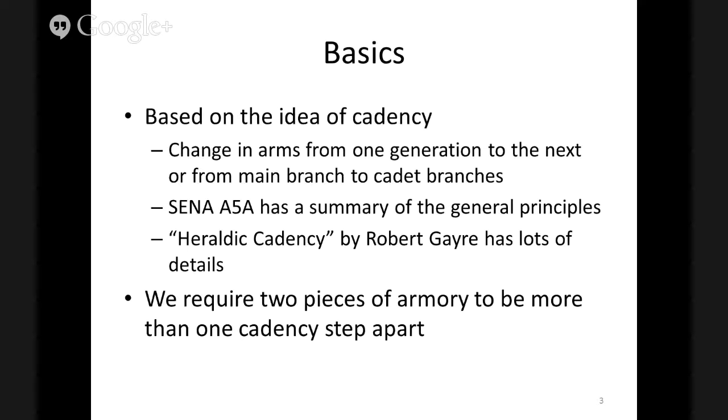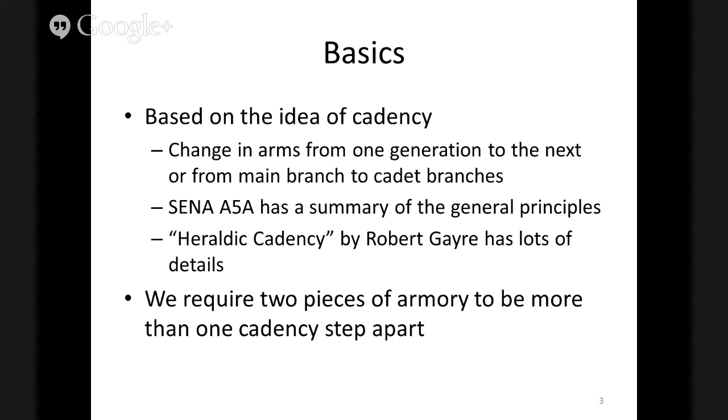So the idea of SCA conflict is based on the idea of cadency. In period, there would be changes in arms from one generation to the next, or from a main branch to a cadet branch. For example, let's say somebody had on his device a red lion on a white background. That's probably the device their son would inherit. But what if they had two sons?